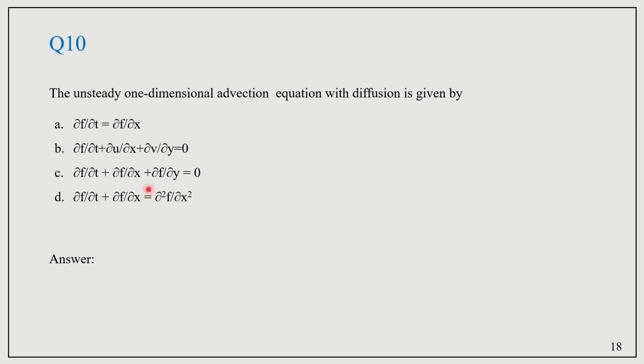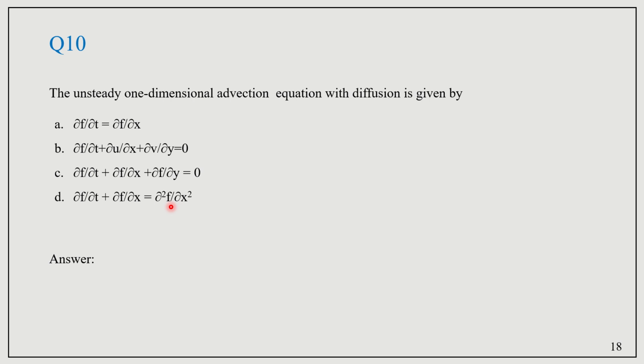Take diffusion, viscosity, those things in the Navier-Stokes equation, right? It is like momentum transport due to diffusion. So there we give dou square u by dou x square. Those terms account for variation because of the diffusional effects, and we give them in this particular format, that is dou square f by dou x square.